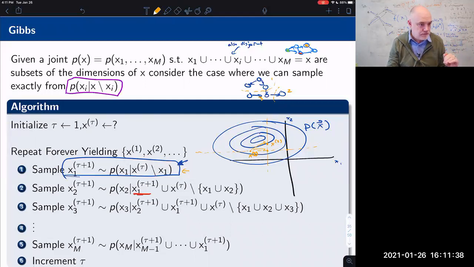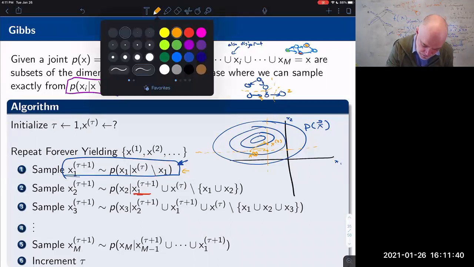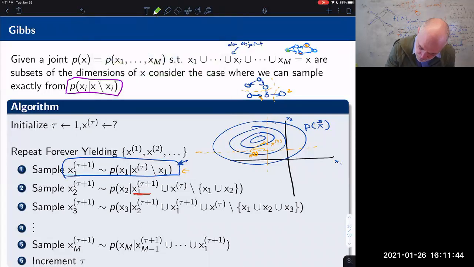Okay. I'll do another case, right? So here's X2. What's the conditional distribution of X1 given the value of X2?